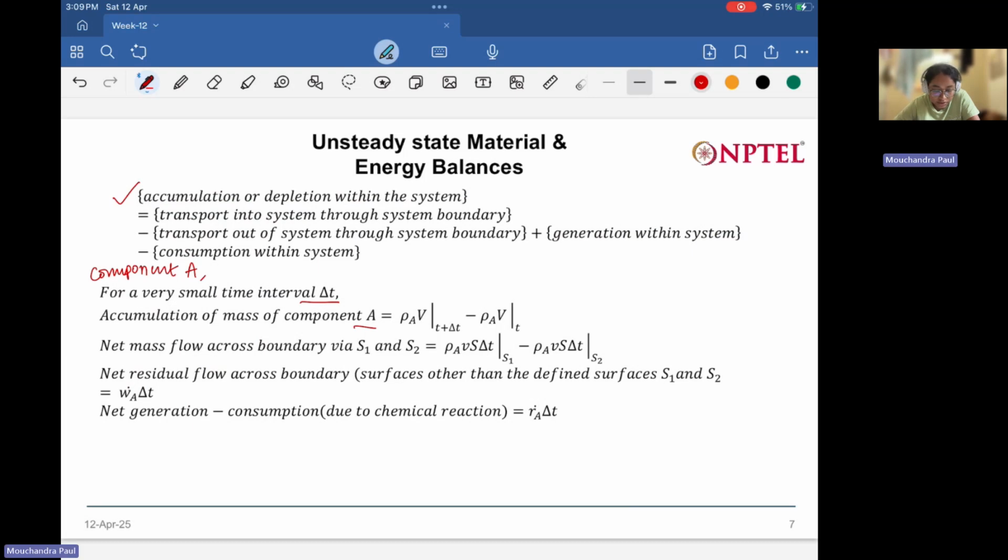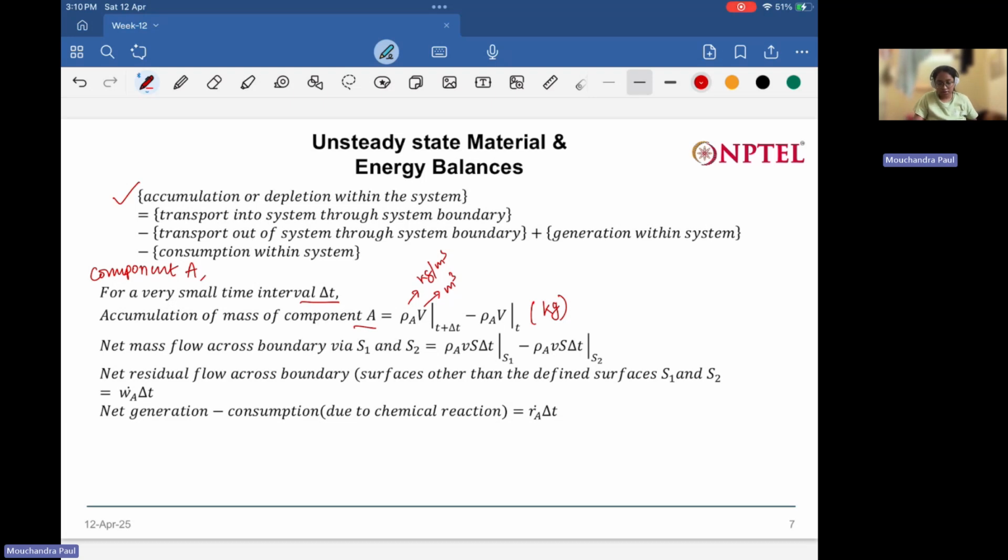So in the small interval delta t, this is the accumulation of mass. The dimension of this term is kg, if rho A is defined as kg per meter cube and the volume of the system is in meter cube. So it is the mass of component A that is accumulated within the system.